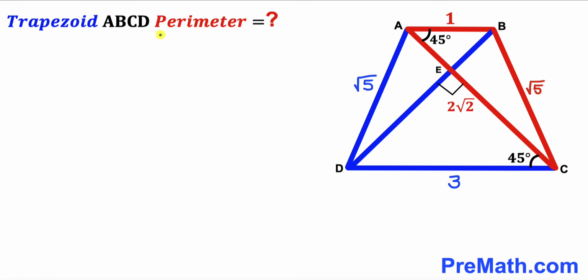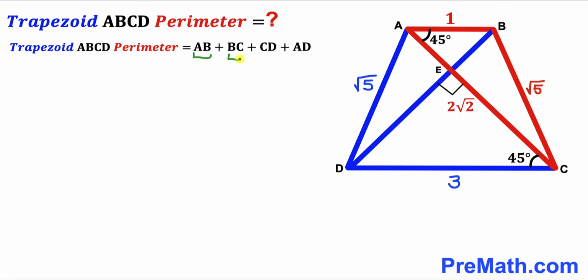And here's our final step. Now we are going to calculate the perimeter of this trapezoid ABCD by substituting this AB, BC, CD and AD segment lengths. Let's go ahead and fill in the blanks in this equation. Our AB length is 1 plus our BC length is square root of 5 plus our segment CD length is 3 plus finally our AD side length is square root of 5.